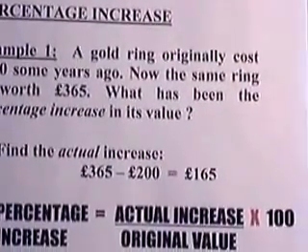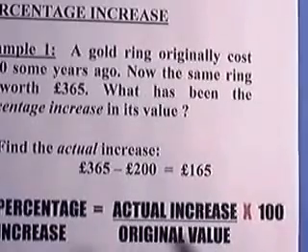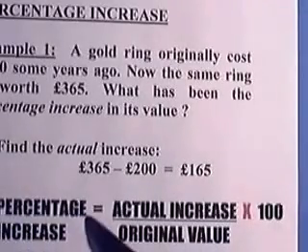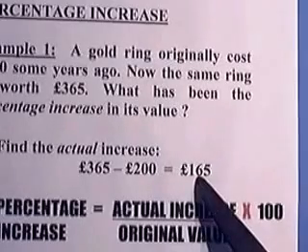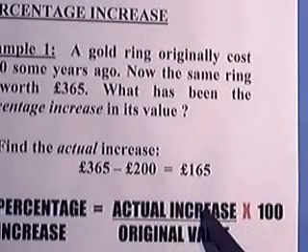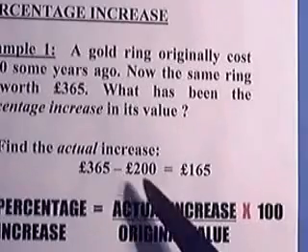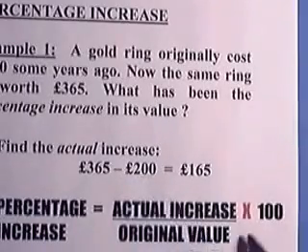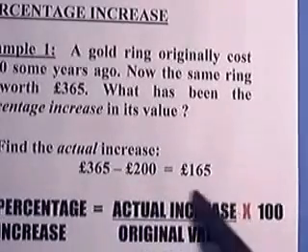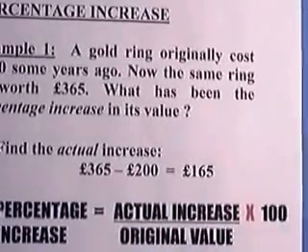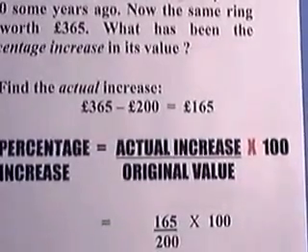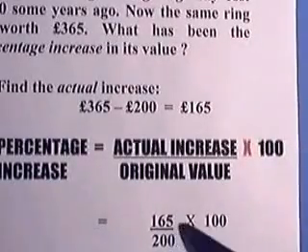To find the percentage increase, you have to use this rather strange looking formula. You take the actual increase, which we've just found to be £165, divided by the original value, which is going to be 200. Get the decimal for that and multiply your answer by 100.